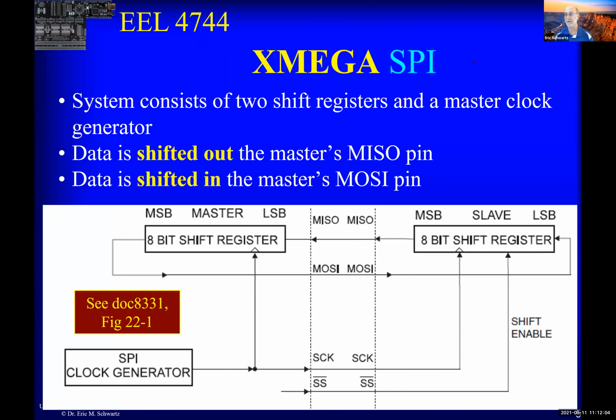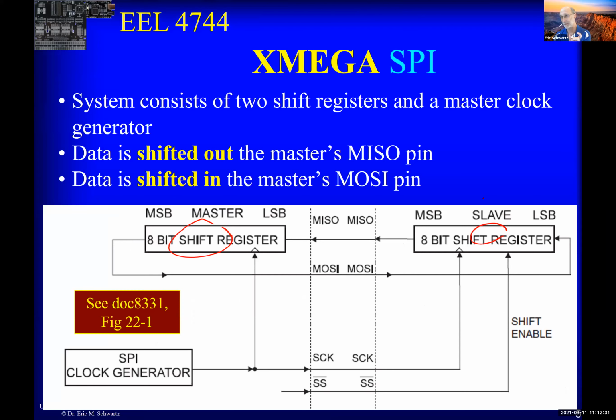This is our manual's equivalent block diagram, which doesn't have much in it. It shows 2 shift registers. The master has a shift register and the slave has a shift register. In fact, you can think of it as 2 shift registers, one for transmit, one for receive, just like we had for asynchronous serial communication. But because of the way this works, you can really just think of it as 1 shift register.